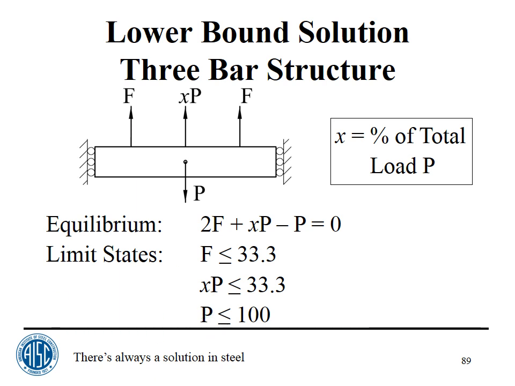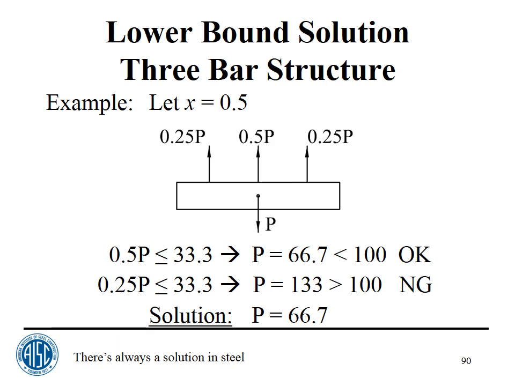So let's look at how to do this then. Let's take an example. Let's assume that the middle bar carries 50% of the load. If that's the case, the other two carry the other 50%. So I have 25% in each of them. So just setting the 0.5 P to the limit state, 33 1/3, I calculate P is 66.7, less than 100, okay.